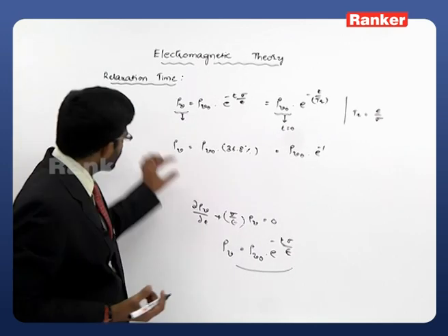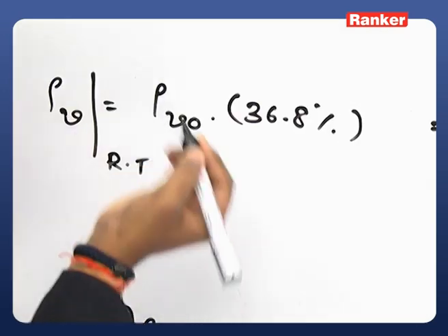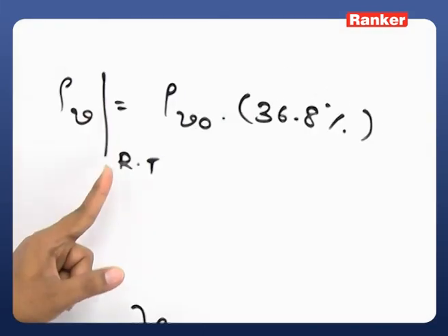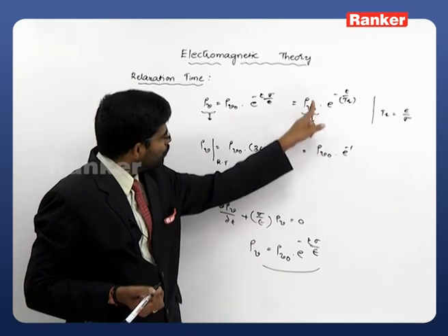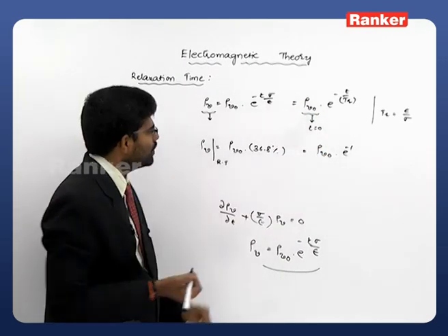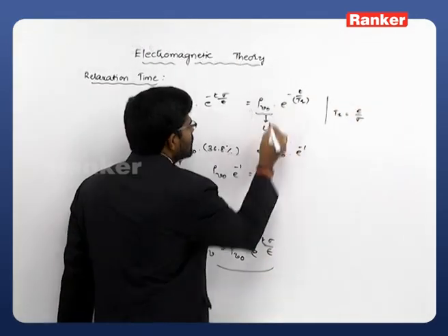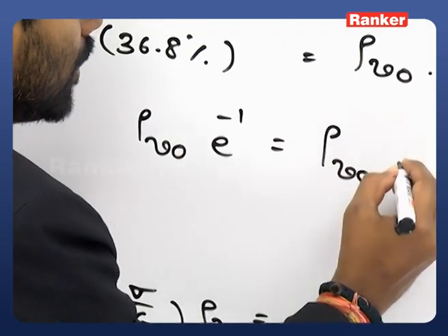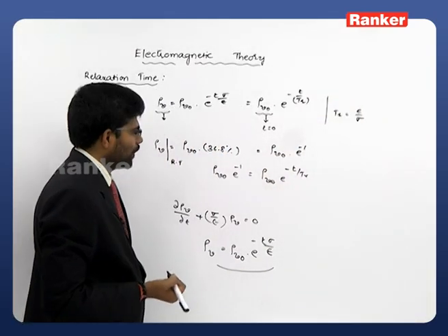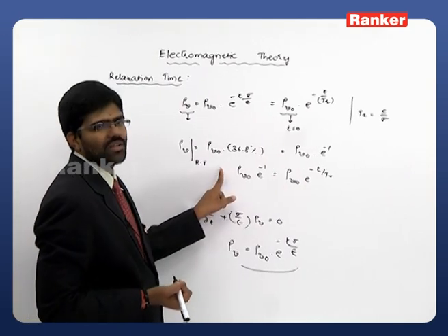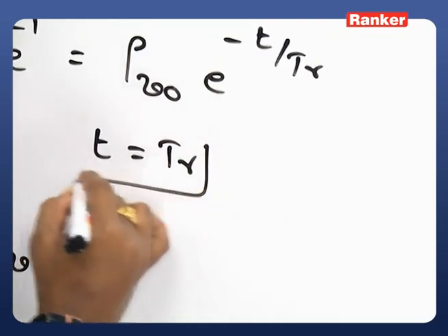So at relaxation time, ρv was reduced to 0.368 times the initial value. Now make them equal to get a beautiful equation: ρv0 e power minus 1 is equal to ρv0 e power minus t/tr. By comparison, clearly t is equal to tr.